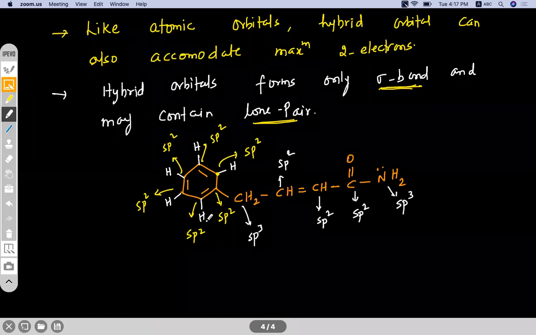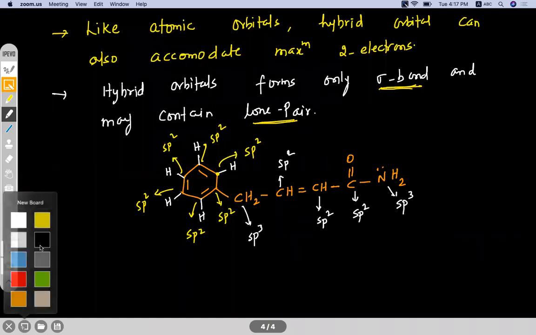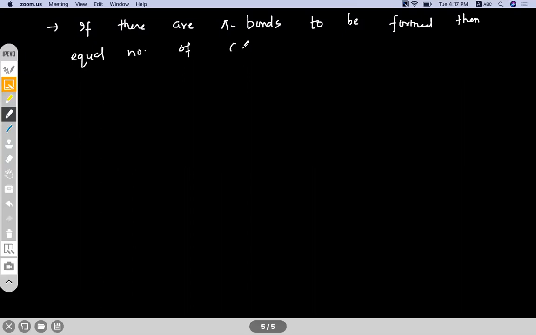Now the next property, you write down: if there are pi bonds to be formed, then an equal number of atomic orbitals must be left unhybridized.